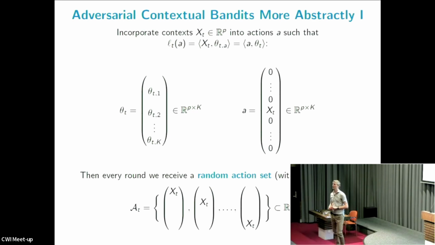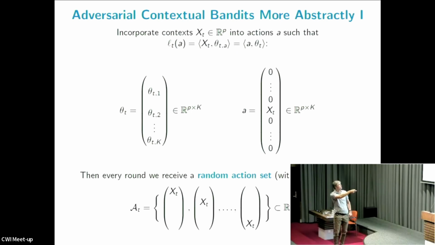And in this big vector, I'm going to put the context in a certain position such that xt meets the coefficients for that corresponding arm.